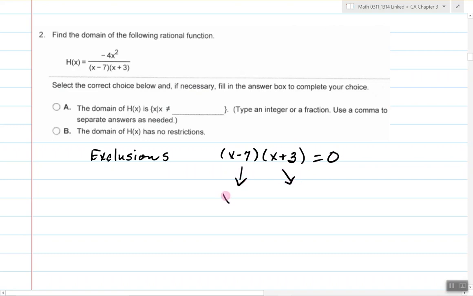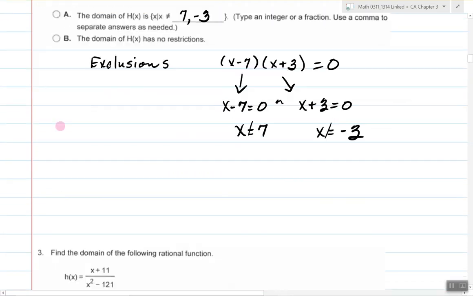Using the 0 factor property, I know x minus 7 is 0, or x plus 3 is 0. That means x equals 7, x equals -3 are both exclusions. So I will type in 7 and -3. They already have it in the set notation.